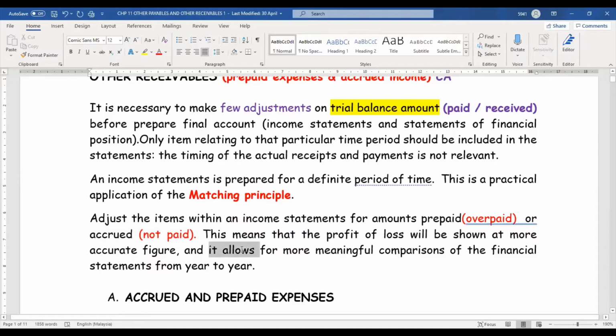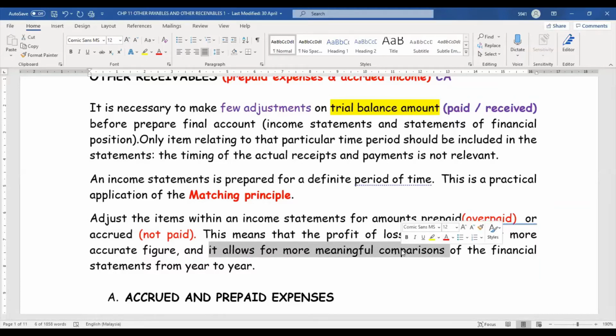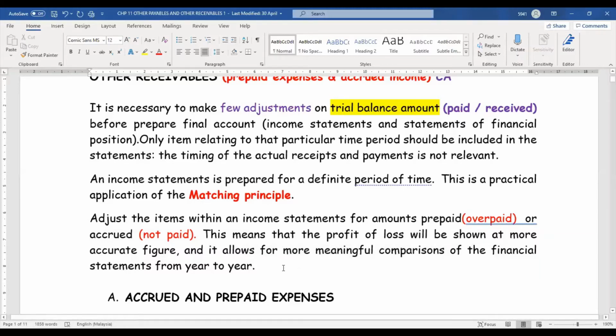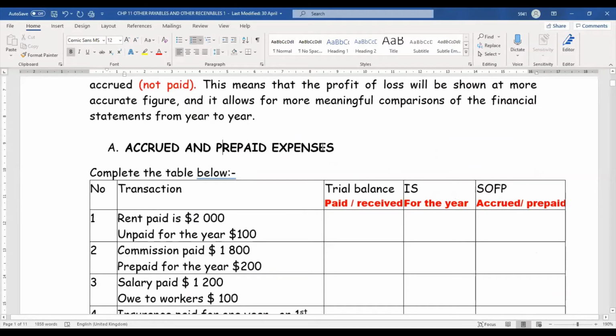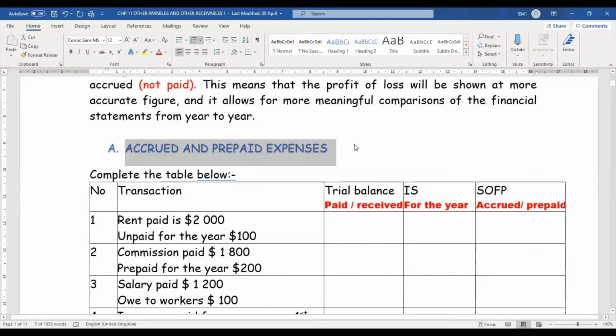It also allows for meaningful comparison of the financial statements from year to year. So every year they will fix their expenses and income, and we can compare the financial statements for this year and next year. Under the topic of other receivables and other payables, chapter 11, the first part, we will learn about accrued and prepaid expenses.